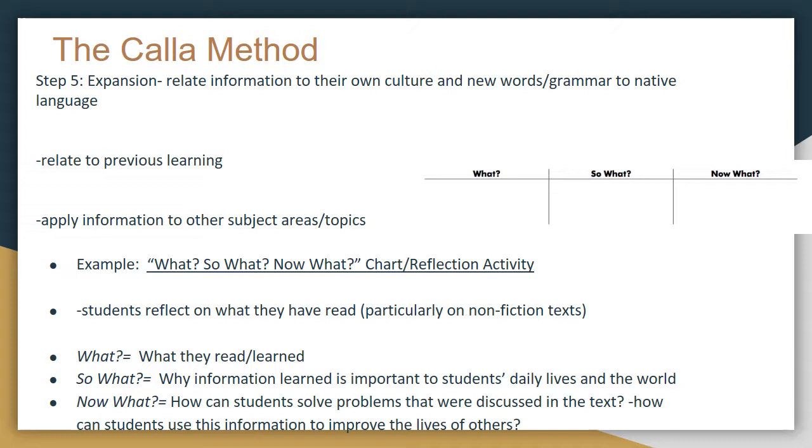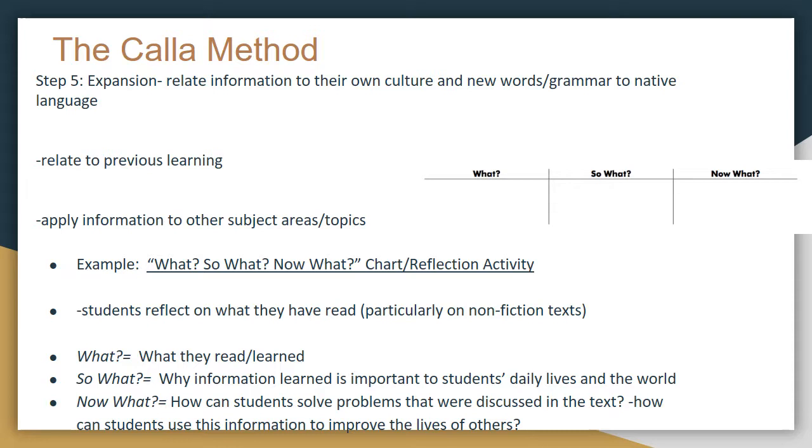In this step, students are connecting their new content knowledge back to what they've learned before and seeing the similarities and differences. Furthermore, they're thinking about how it could relate to other topics or other areas, or how it would be useful in the real world.